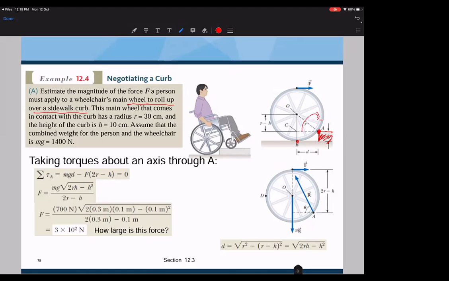First, we try to draw the diagram. What are the forces acting on the wheel? The force diagram is at the bottom. You have the force from the person's arm, horizontal force F. And then you have the weight of the whole armchair and the person.